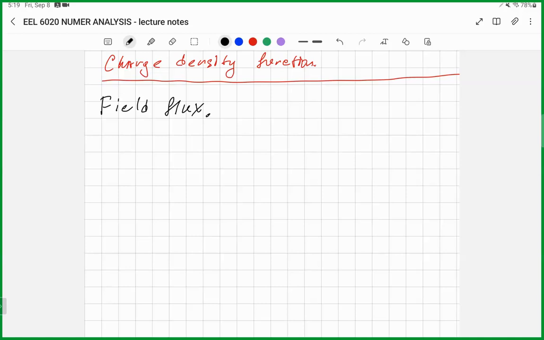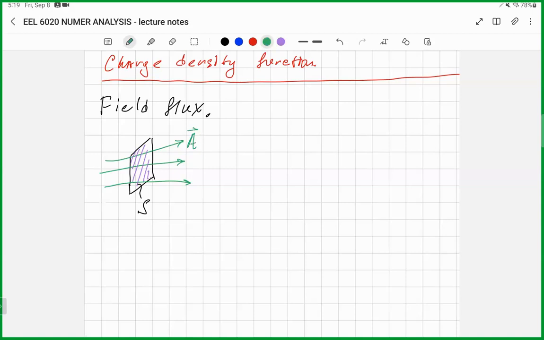So for example, if I take an area like this with surface S, and suppose I have some field A that flows through this surface S.